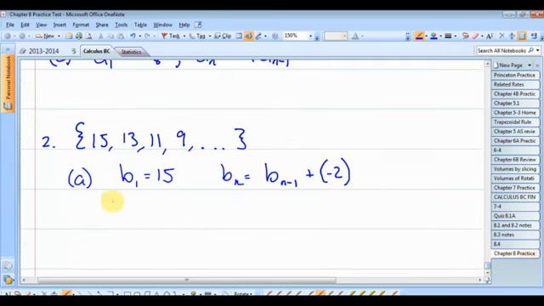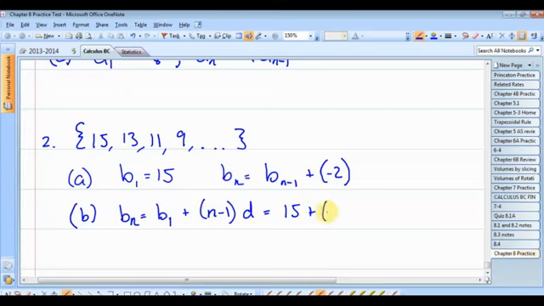Okay. And part B. What is the explicit rule? The explicit rule is Bn equals B1 plus n minus 1 times D, which in this case is 15 plus n minus 1 times negative 2.